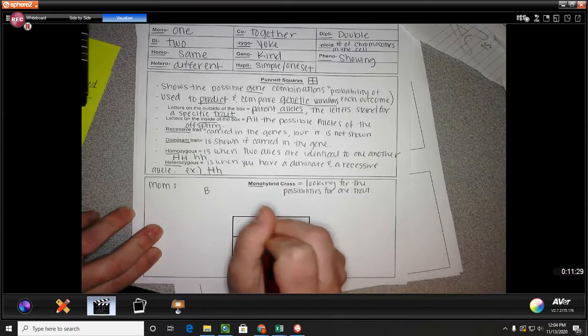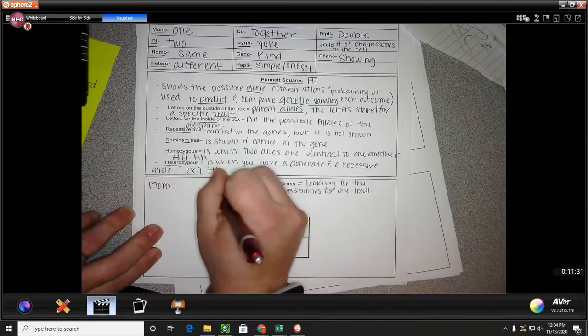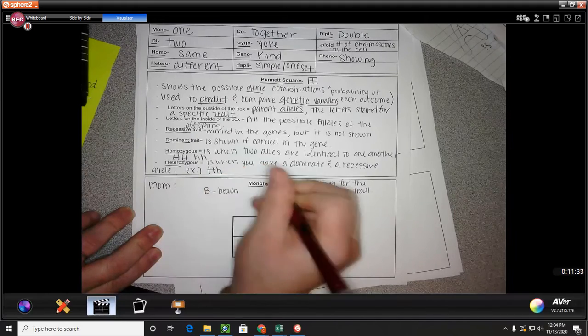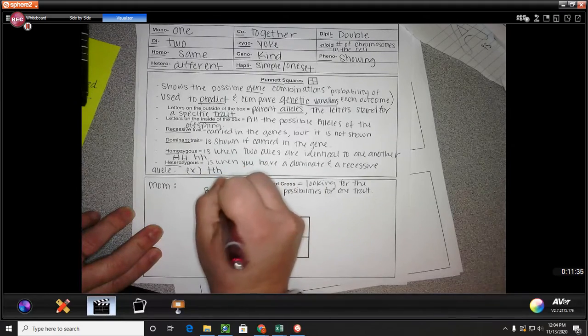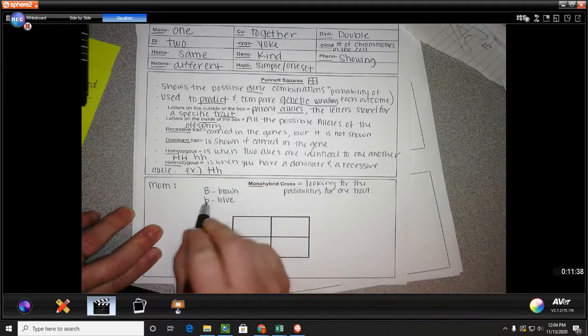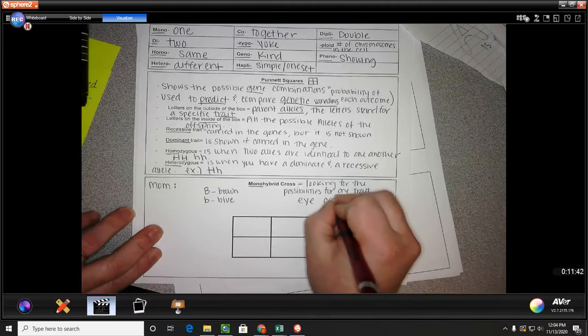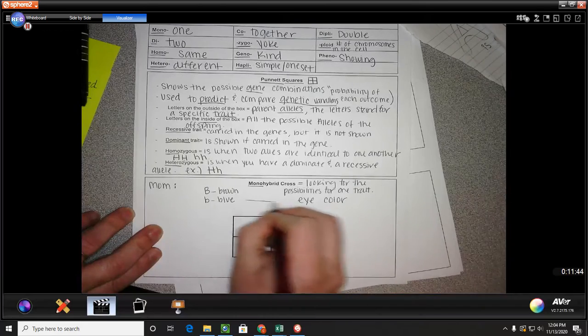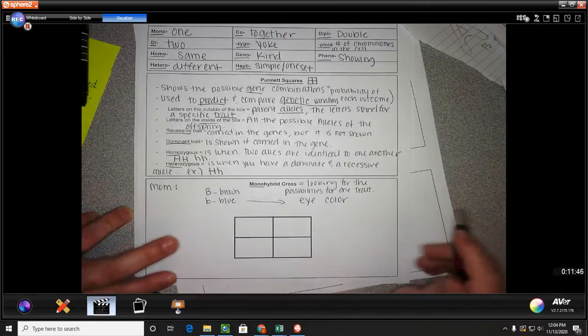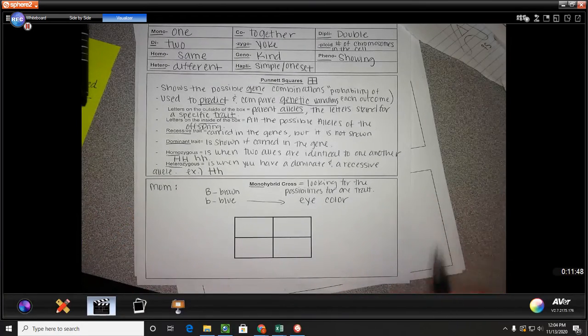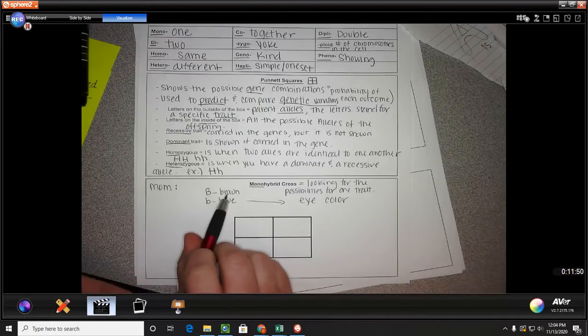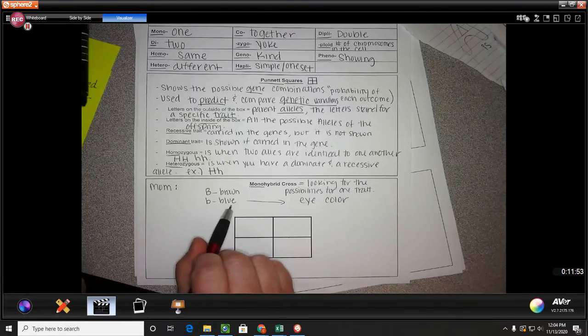So I'm going to use big B for brown and little b for blue. And the one trait we are looking at is eye color. So big B is brown, little b is blue.